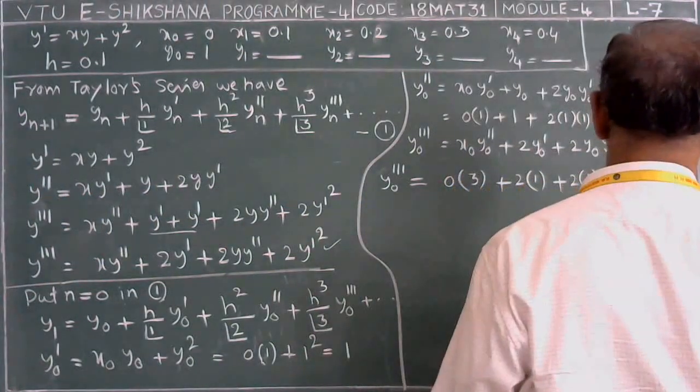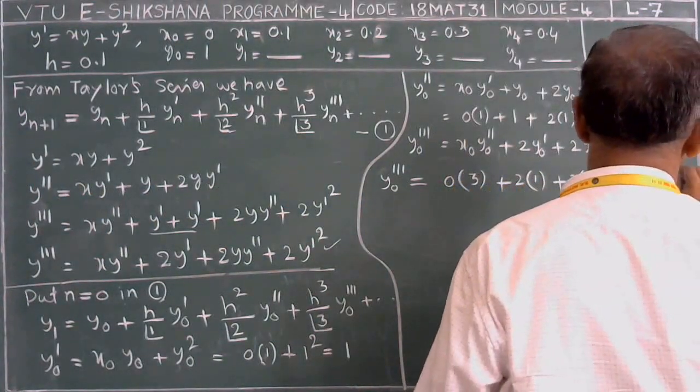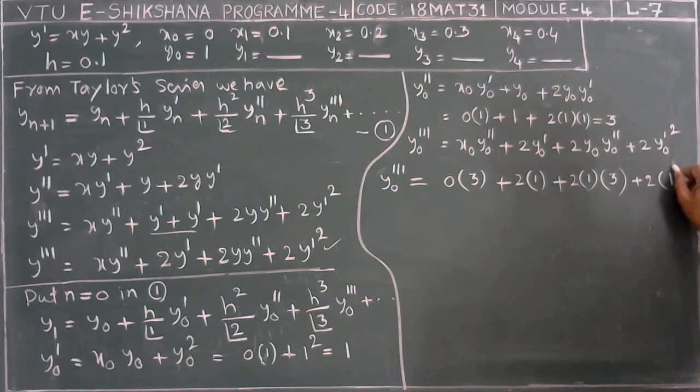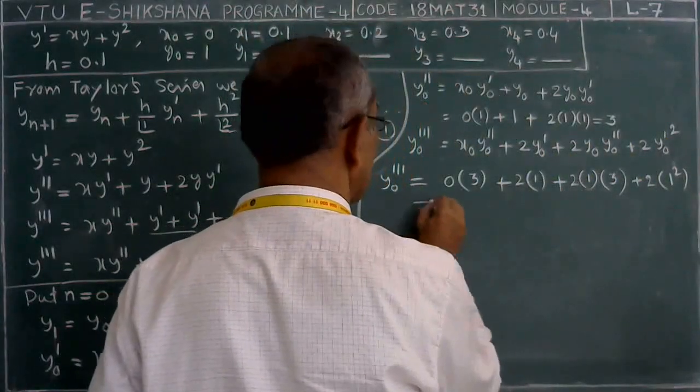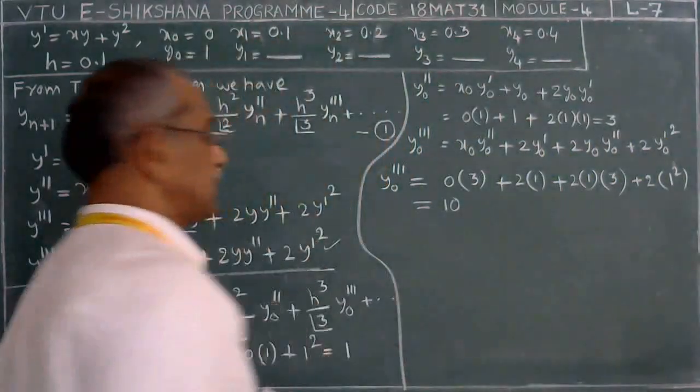So this is 0, this is 2 plus 2, 4 plus 6, 10. So y naught triple dash is 10.